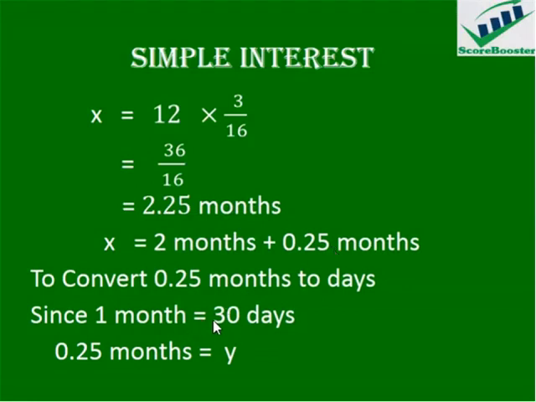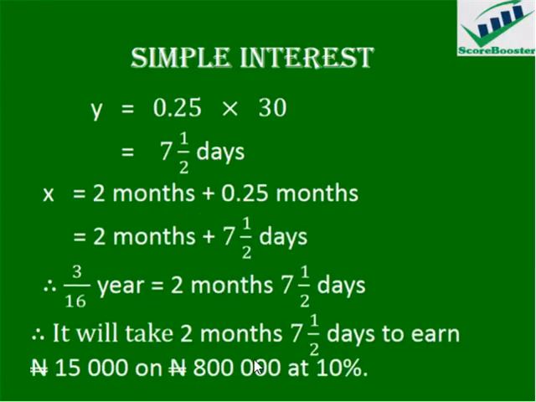And know that 1 month equals 30 days, from your calendar. 0.25 months, let's represent it with y. So for us to know the days equivalent to 0.25 months, we cross multiply. Y multiplied by 1, we have y. 30 multiplied by 0.25 gives 7.5.